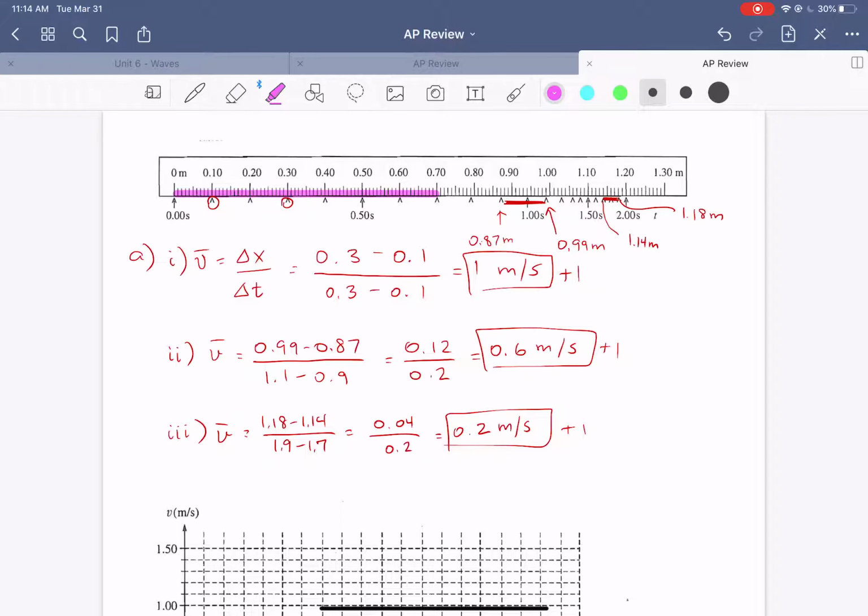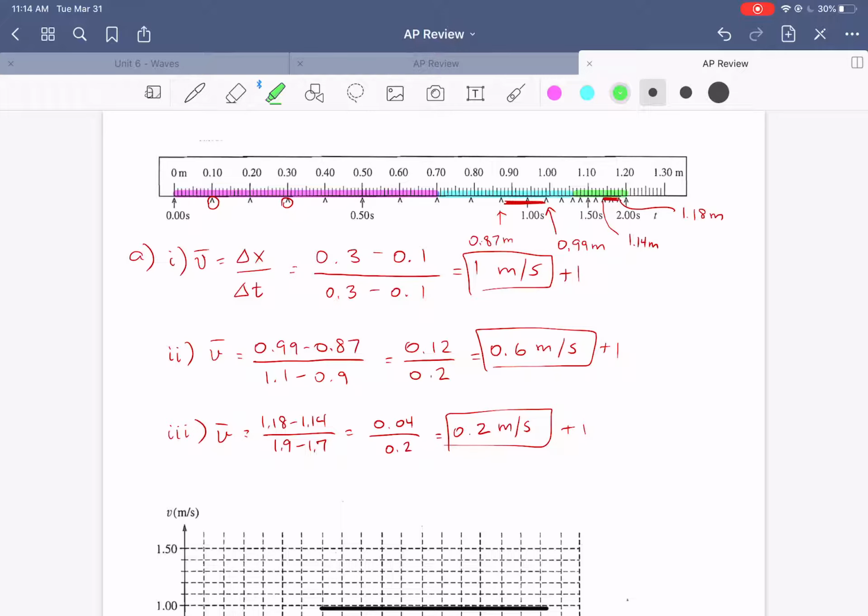Then the marks start to get closer and closer together, and it looks like that lasts until roughly 1.3 seconds or so. And then from here on, there's pretty even spacing between the points again. So we have these three intervals.